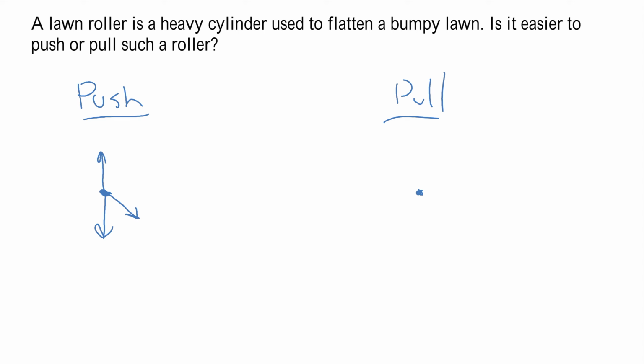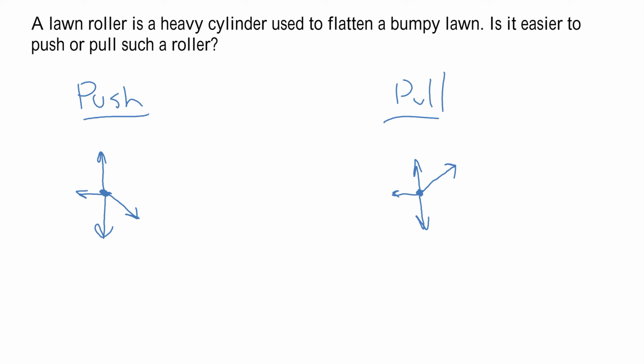I'll have the friction force backwards. Then for the pull, I'll have the weight down and the normal force up, but I'll be pulling this time, so on the handle I'll be pulling to the right, but also upward. I'll still have the friction force backward.